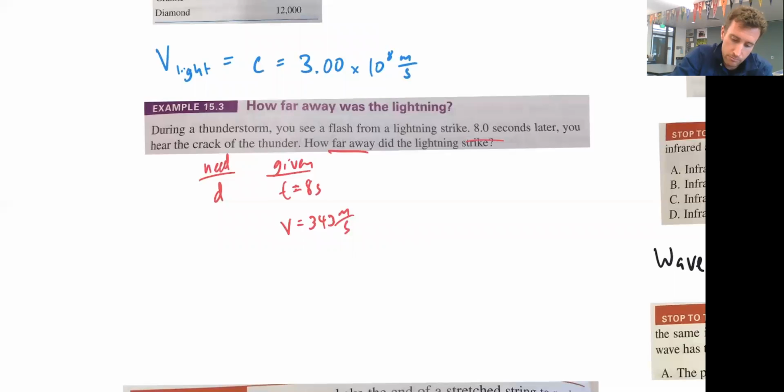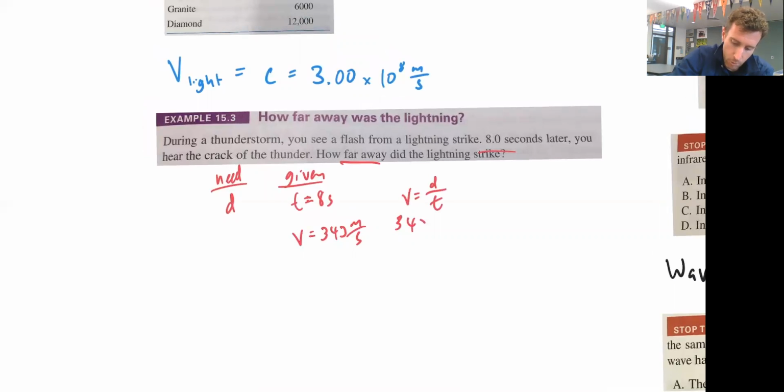Now I could use velocity equals distance over time. 343 meters per second equals an unknown distance over 8 seconds. Multiply both sides by 8 seconds to cancel out, or make it 1.